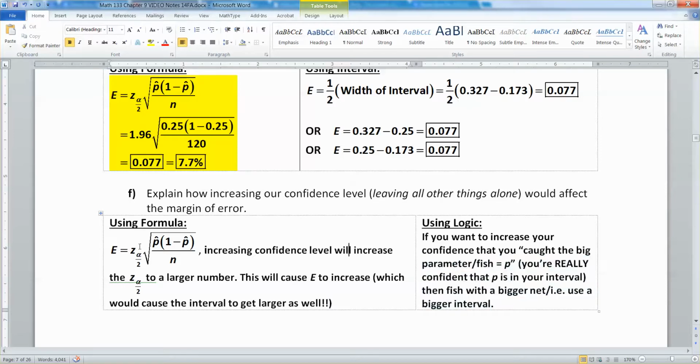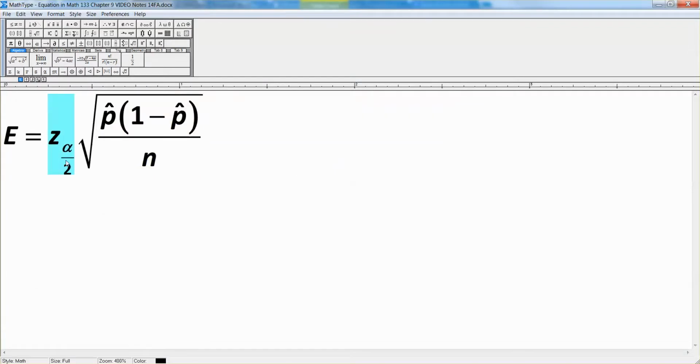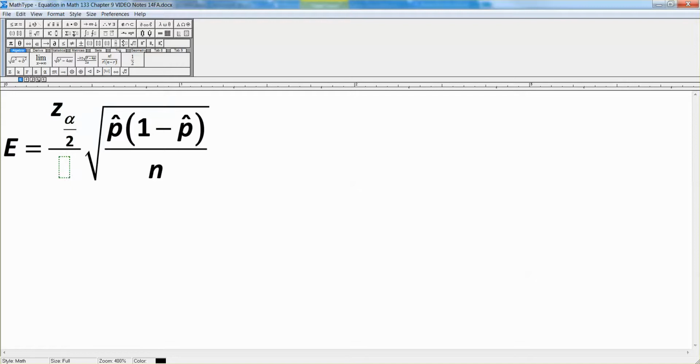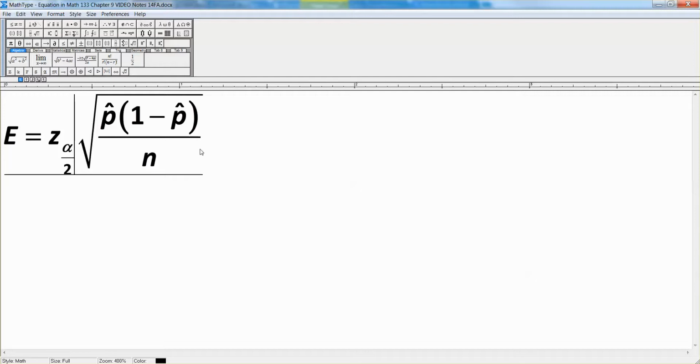And then the formula says, look, if you want to increase your confidence level, then your z is going to get bigger. If your z gets bigger, because z is in the numerator, it's technically z over 1, if you like, right? Nobody ever writes it like that, but that's what it is. Since z is in the numerator like that, it makes the overall error larger, right? If this gets bigger, then this gets bigger.